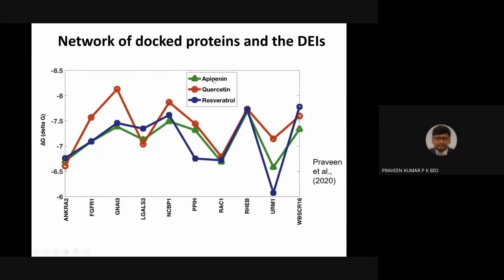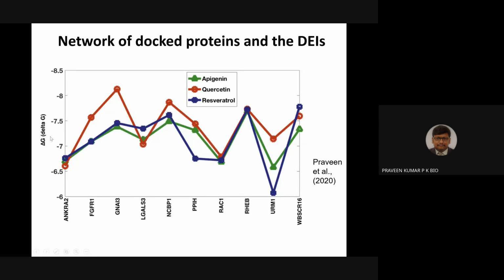The three plant compounds I used were all drawn from plant sources: quercetin, apigenin, resveratrol. All these three are plant compounds. Of course, whatever binding energy we generate from AutoDock or most docking software is nothing but the change in Gibbs free energy.